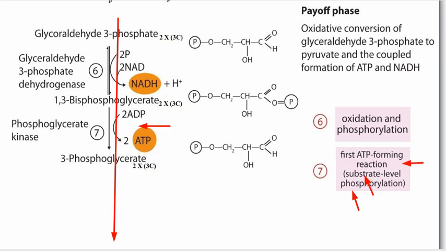Over here also phosphorylation is going on, but this phosphorylation is not going on in the electron transport system. We'll discuss it in further lectures. This phosphorylation is going on during this phase, during this process, and that is why it is called substrate level ATP formation, means substrate level phosphorylation.